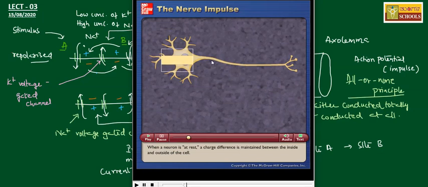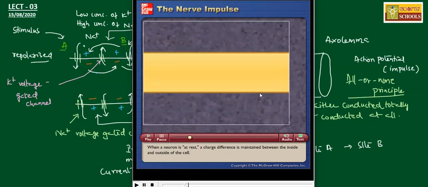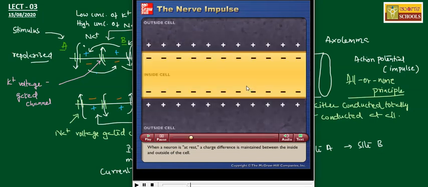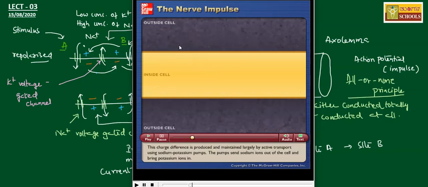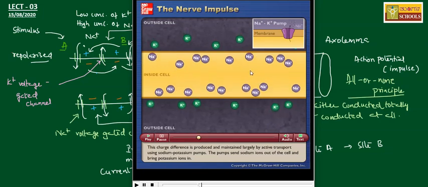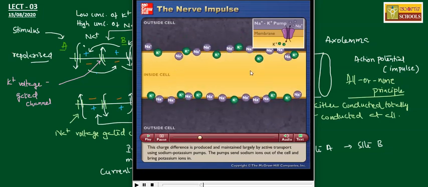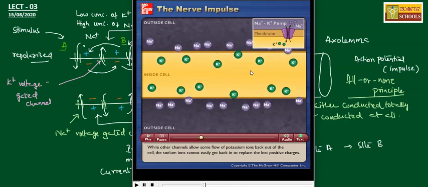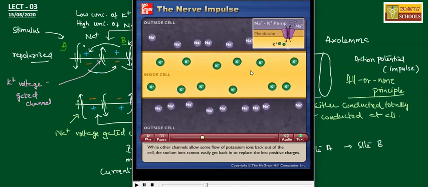As I said, let's take this membrane here, and we know the outside of the membrane is positive and inside is negative, and you can see more sodium ions outside and fewer inside.